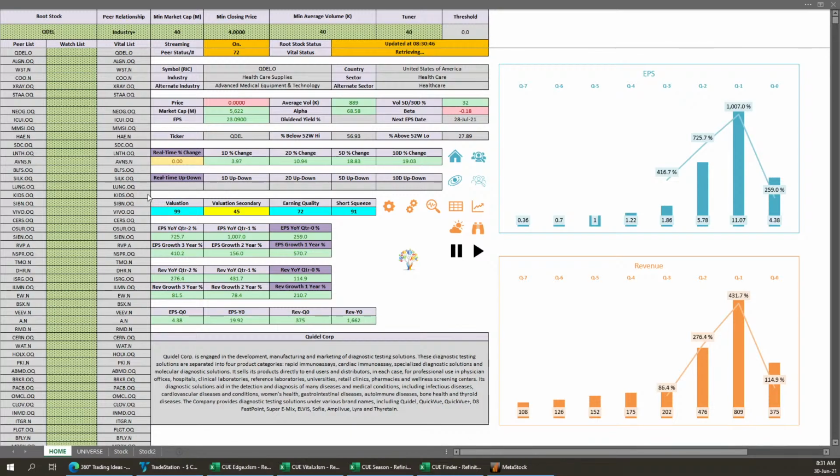And indeed, as you can see, it is undervalued with high earnings growth, high revenue growth as well, great earnings quality, short squeeze potential. Therefore, it is a 3-star fundamental candidate.